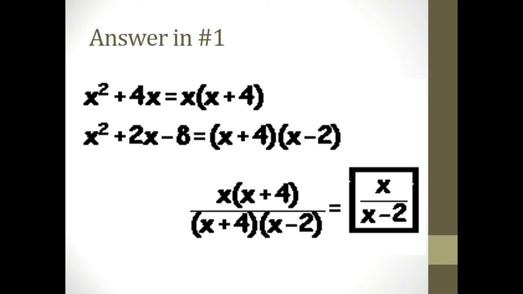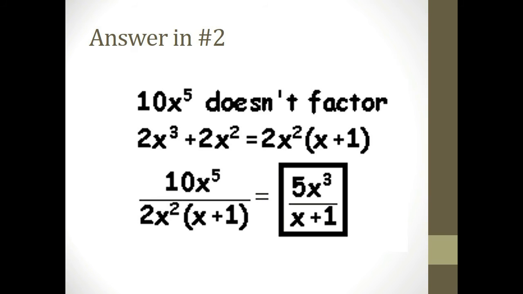Substituting the two new expressions, you will come out with x multiplied by quantity x plus 4 all over quantity x plus 4 multiplied by quantity x minus 2, which results in x all over x minus 2 since the numerator and denominator have a common factor which you will have to cancel out.